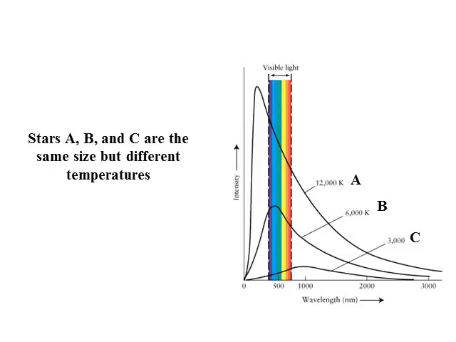Another thing that we want to pay attention to is what color or what wavelength each of these blackbody curves is peaking in. With star A, the hot star, it's not even peaking in visible wavelengths. It's before violet, so it's peaking in ultraviolet wavelengths.